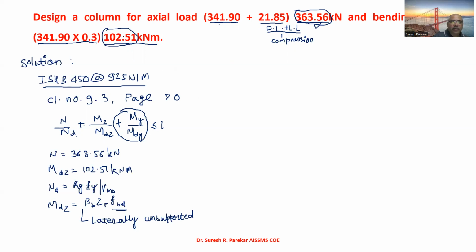As the bending moment is large, I have considered ISHB 450. If your value is lesser, you can go to 400 or 350 likewise. So first I will find the Mdz value.